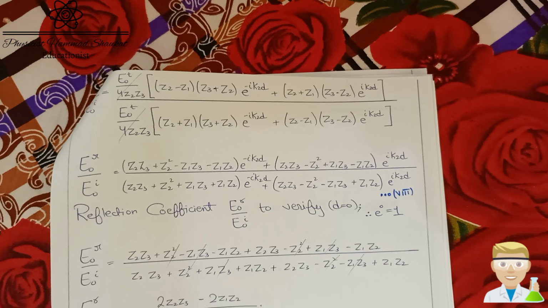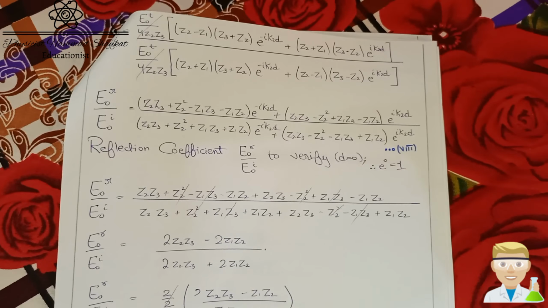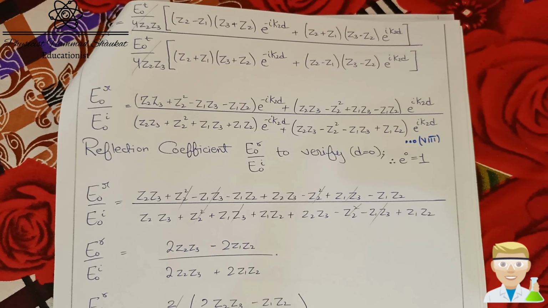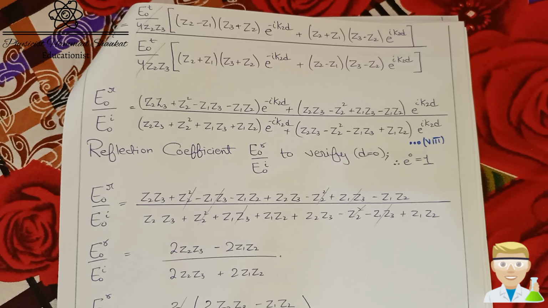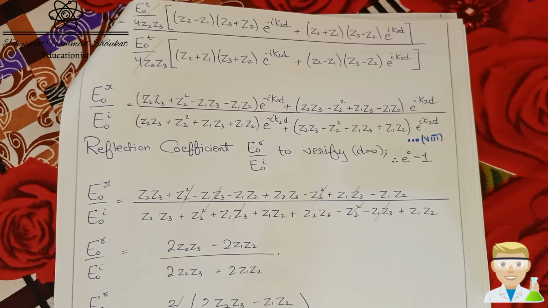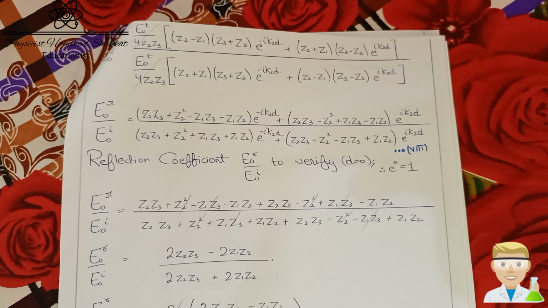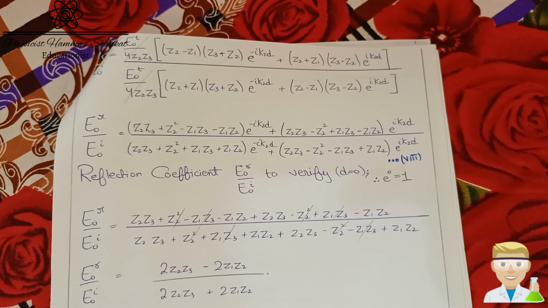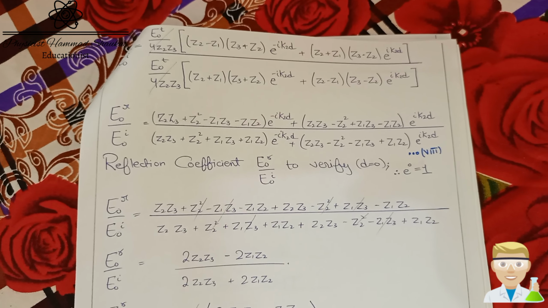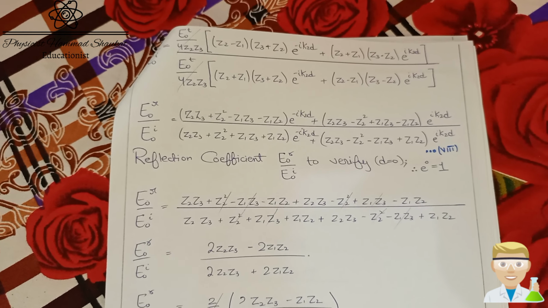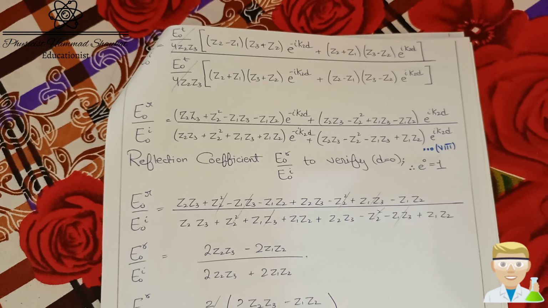Again, as we checked our transmission coefficient by putting d equals 0, we can also check the reflection coefficient at d equals 0, to verify that whether we are dealing with two regions or three regions, the answer should be the same at d equals 0.